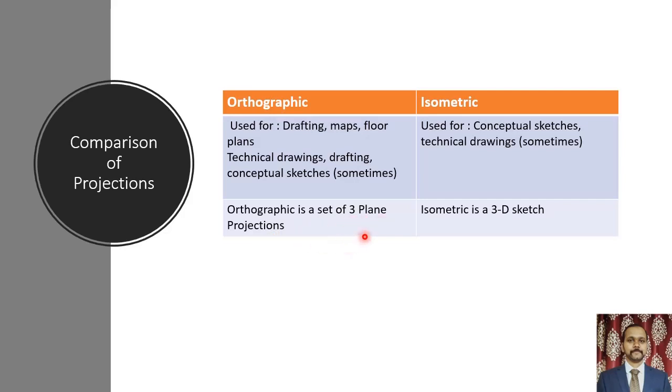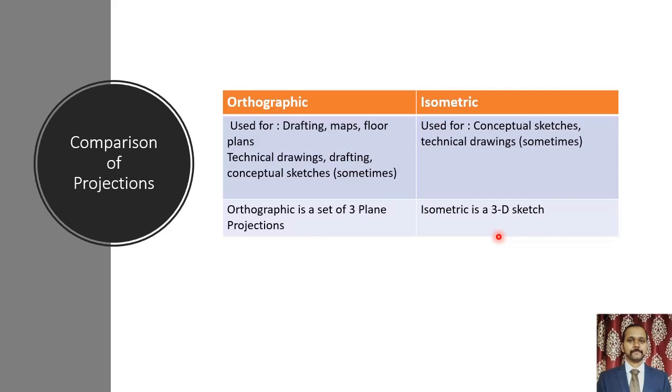That means we are going to draw these three types of projection. We can say front view, top view, side view. Okay, so these are the views with respect to orthographic view. So orthographic is nothing but the two-dimensional, and isometric is nothing but the 3D sketch.